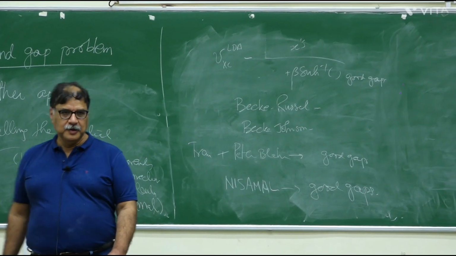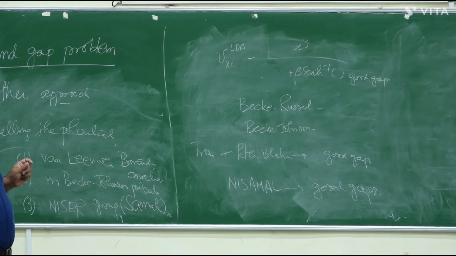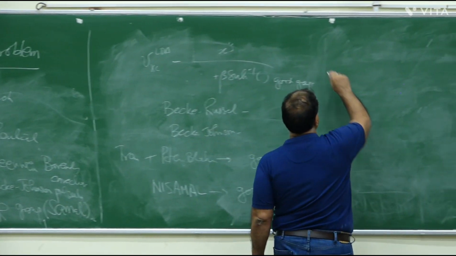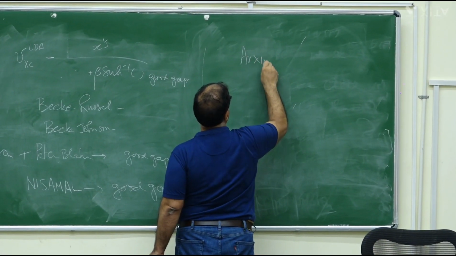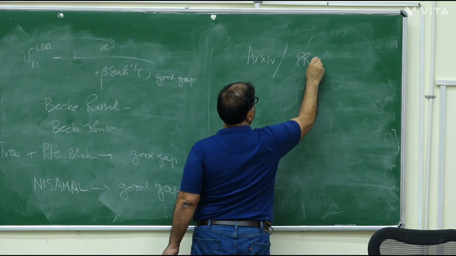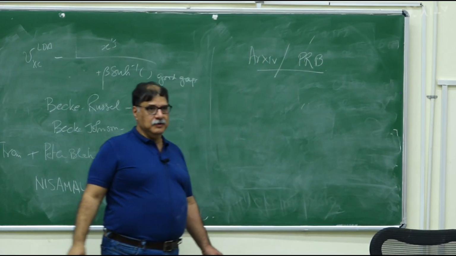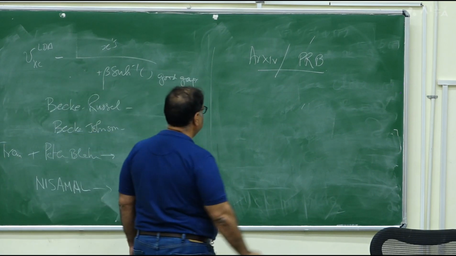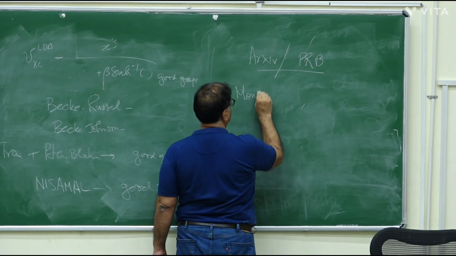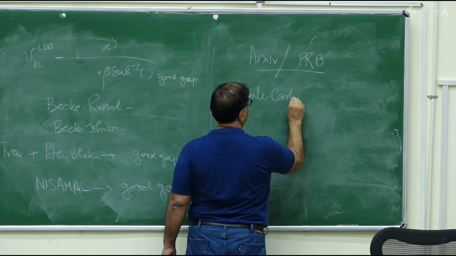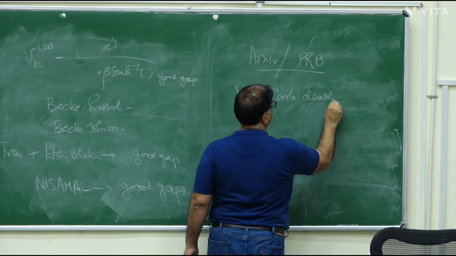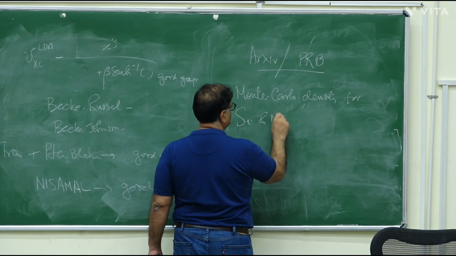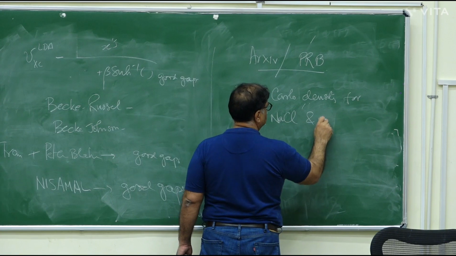Good gaps. Now I want to make a comment on this, particularly in light of a very recent paper on arXiv, which is going to come out in PRB soon. What they did is they took Monte Carlo densities for two solids, silicon and sodium chloride, and inverted them.